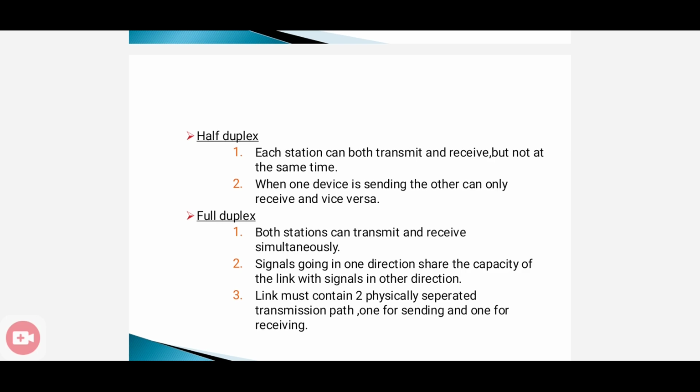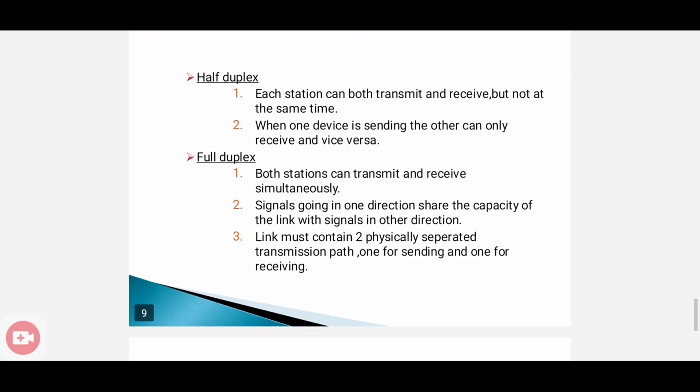That is, if we have two devices, device 1 and device 2, and device 1 is sending the data, at the same time device 2 can send data to device 1 also. So at the same time, both devices can act as a sender as well as a receiver. So here the capacity of the communication link is shared by the two devices in a communication system. Okay, that is the full duplex mechanism.